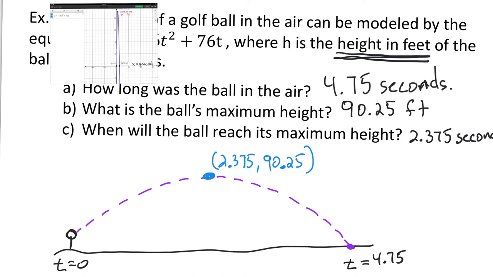So let's make sense. Starting point, 0 seconds. Someone hits it, 1 second, 2 seconds, 2.375, boom, it hit the maximum point. And then from here, it went down, 4.75, boom, it hit the ground. So that's how many seconds it went from this point to this point right here.